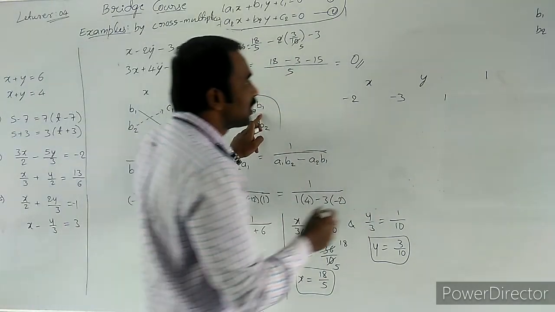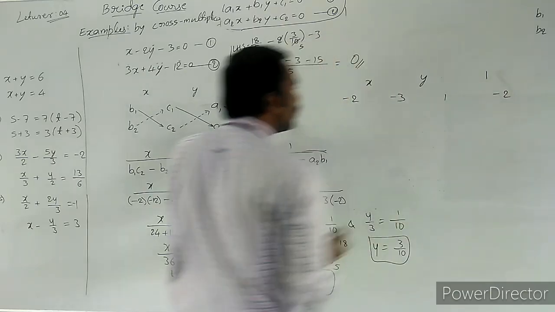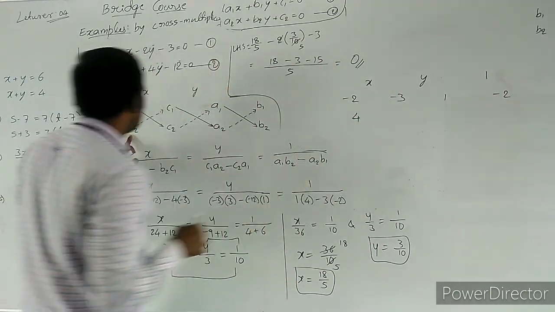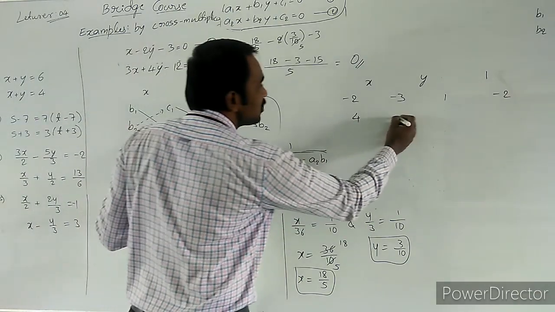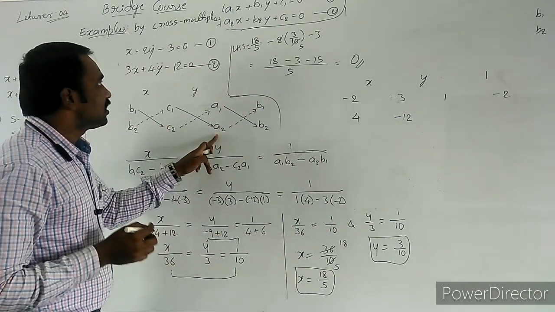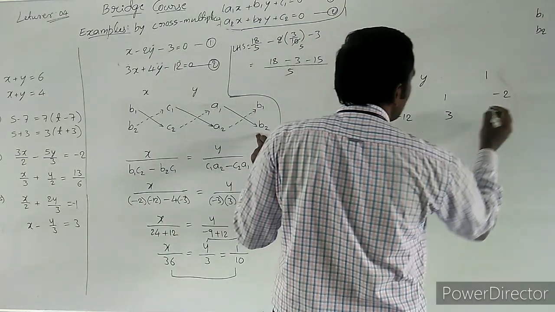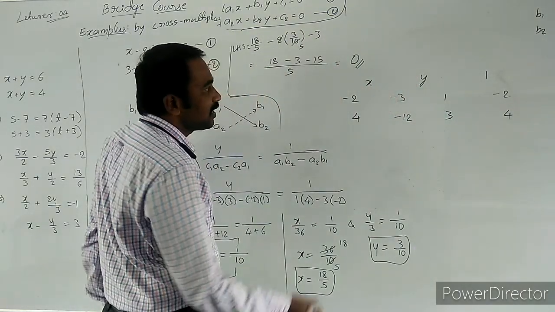Next again b1 is minus 2. Similarly, write b2. b2 is plus 4, c2 is minus 12, then a2 is plus 3 and b2 is plus 4. Again the same thing.